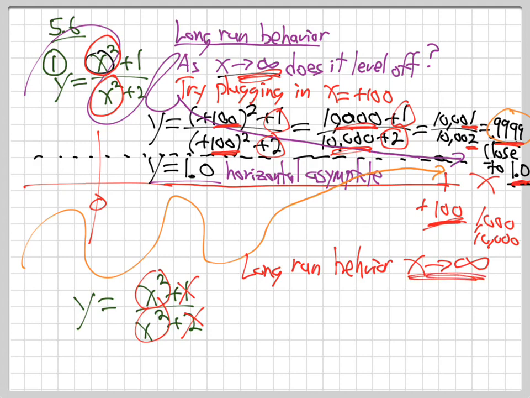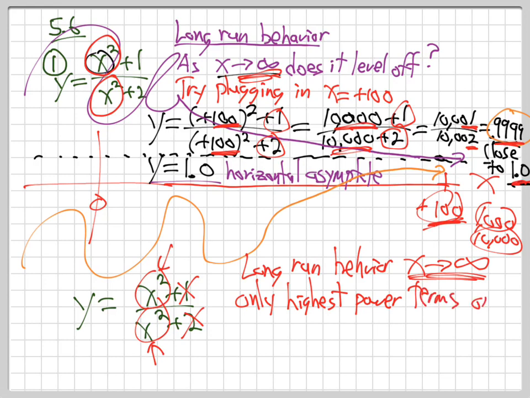If you're going to plug in really big numbers, all that's going to matter is only the most powerful term, only the highest power terms on the top and bottom matter.